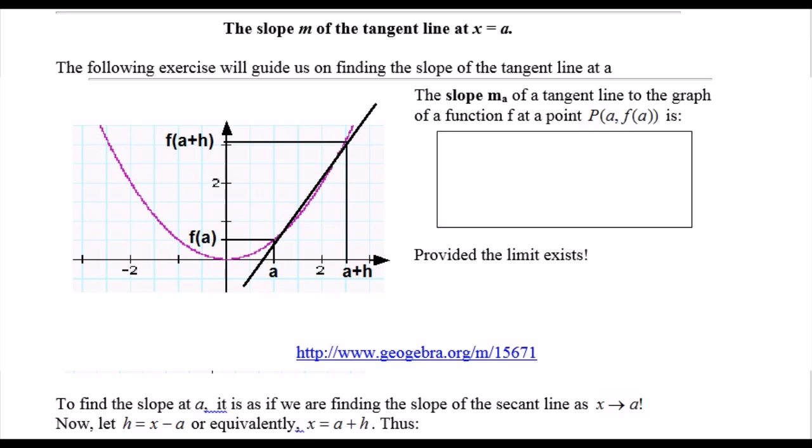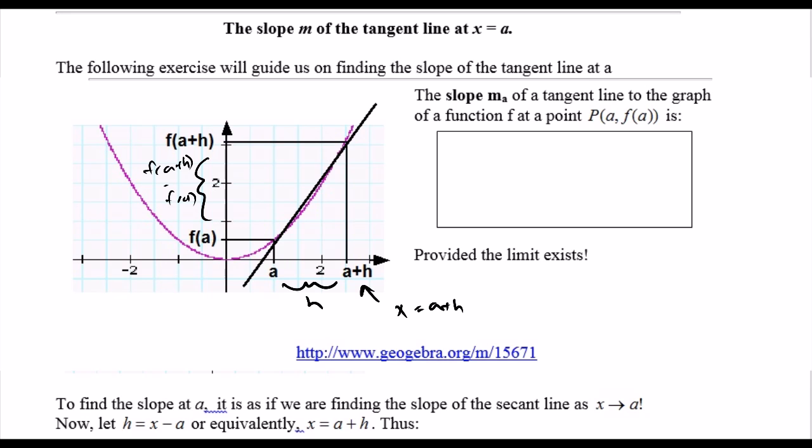So we labeled our distance here as h, and this here is going to be f of a plus h minus f of a. Same thing. Instead of calling this x, we replaced x with a plus h. So all we did was change it.